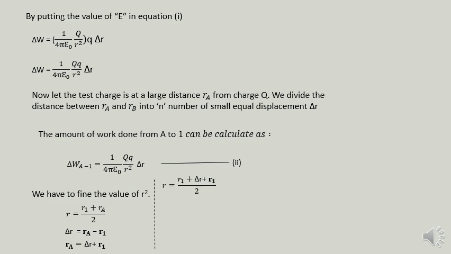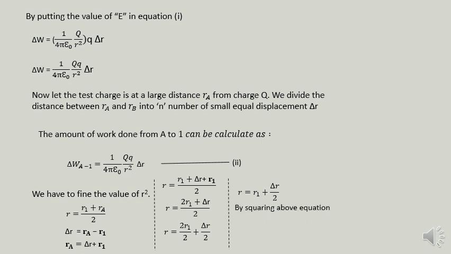By putting the value of RA in the above equation, we get R equals R1 plus delta R plus R1, upon 2. The value will be R equals 2R1 plus delta R upon 2, because R1 and R1 will become 2R1. We separate these values: R equals 2R1 upon 2 plus delta R upon 2. 2 will be cancelled by 2, and the remaining value will be R equals R1 plus delta R upon 2.